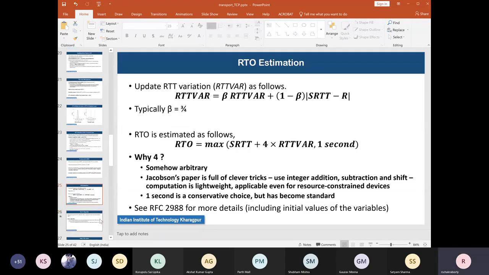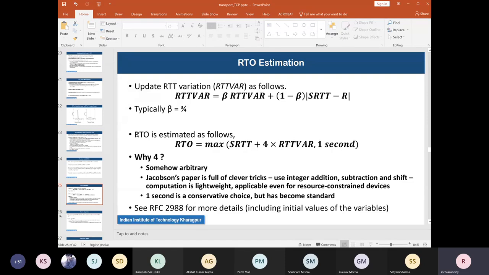How does TCP do it? Well, TCP maintains another variable called RTTVAR. This is calculated as beta times the old value of RTTVAR plus 1 minus beta times the absolute value of SRTT minus R. Typically beta is set to 3/4.